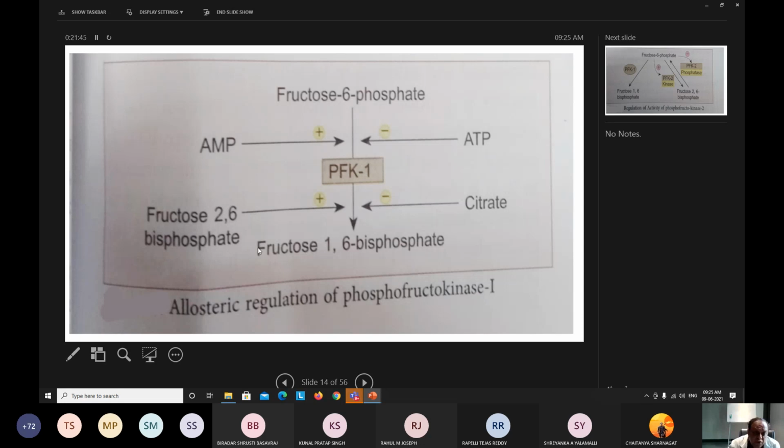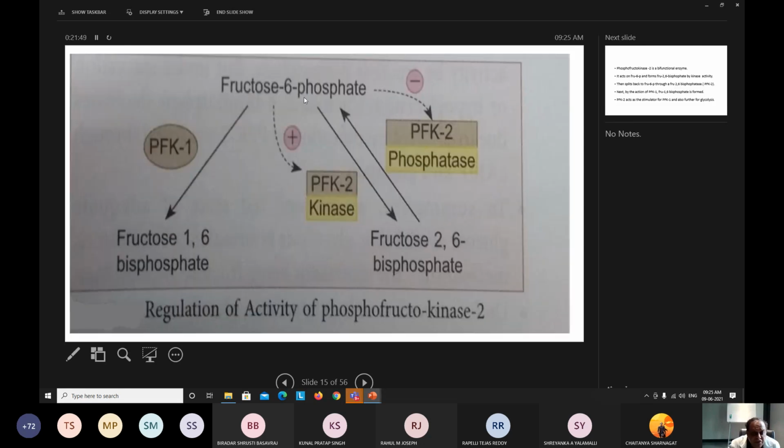How fructose 2,6-bisphosphate is formed is shown here. Fructose 6-phosphate gets converted into fructose 2,6-bisphosphate by the action of phosphofructokinase 2 kinase. This is the enzyme which converts fructose 6-phosphate into fructose 2,6-bisphosphate.